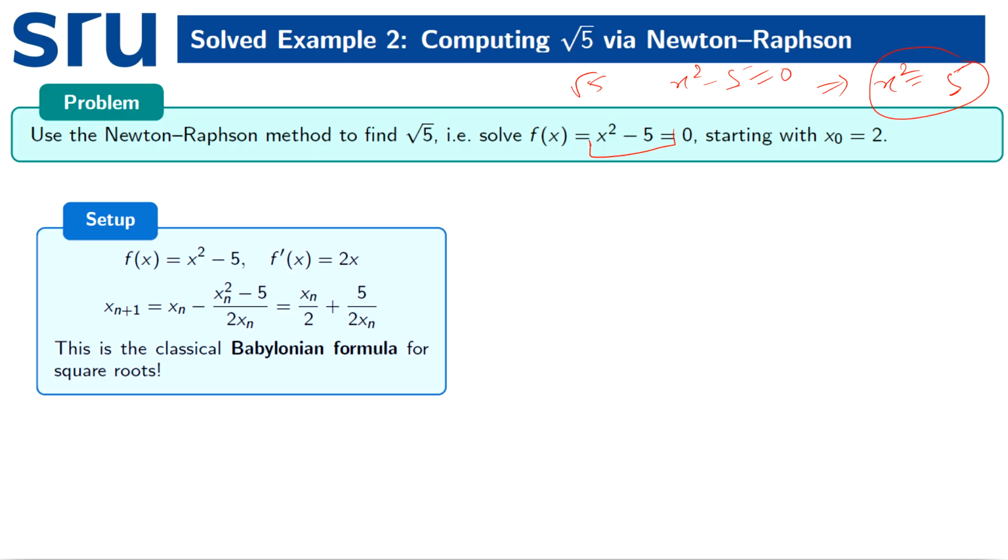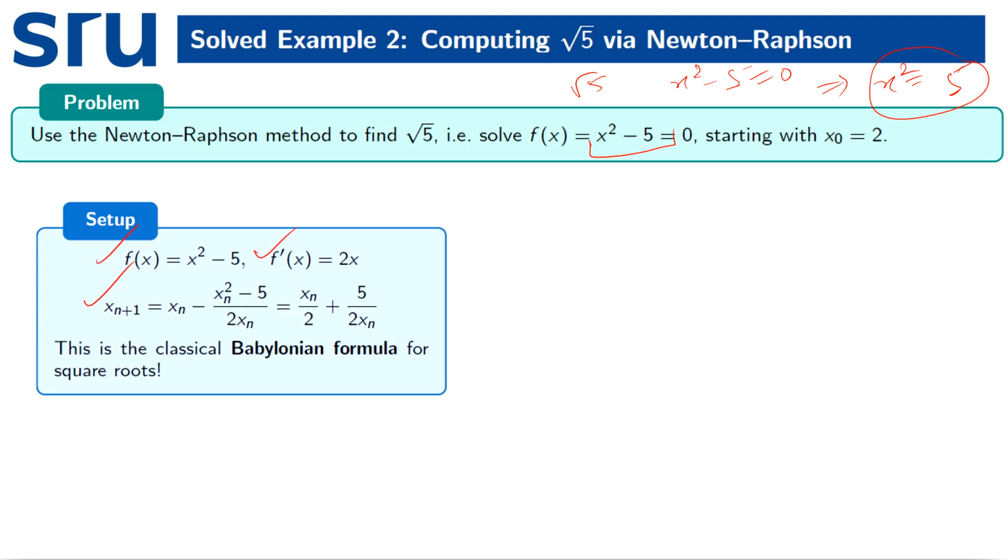So our function is f of x equal to x square minus 5, and the derivative is f prime of x equal to 2x. Now apply the Newton-Raphson formula: x n plus 1 equal to xn minus (xn square minus 5), that is the function itself, upon its derivative.